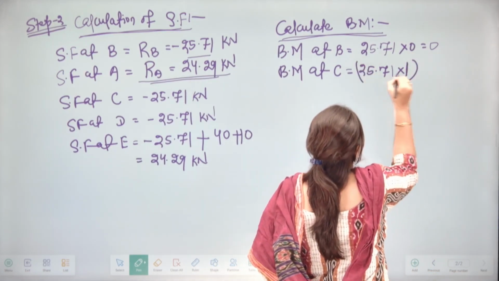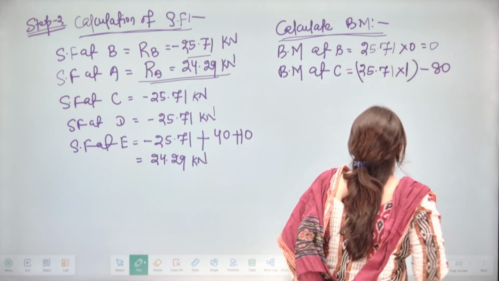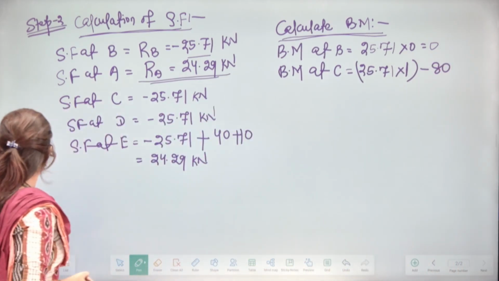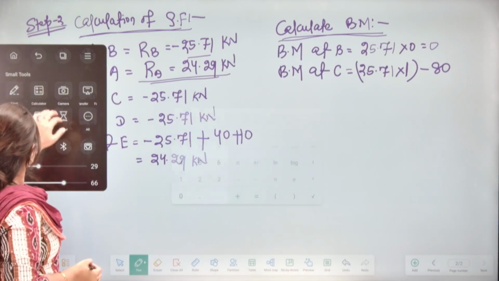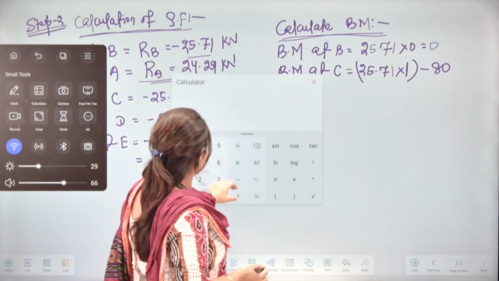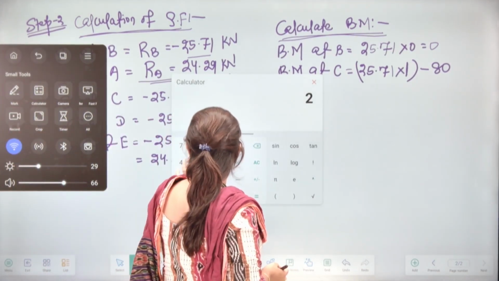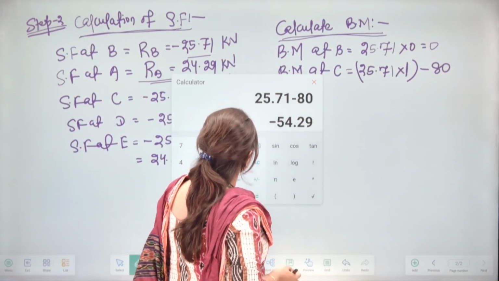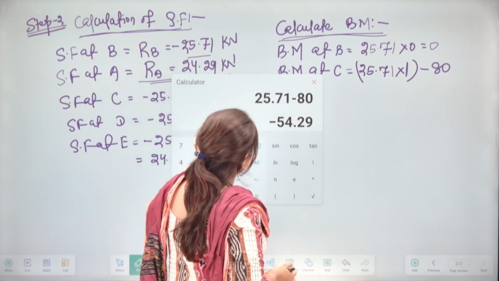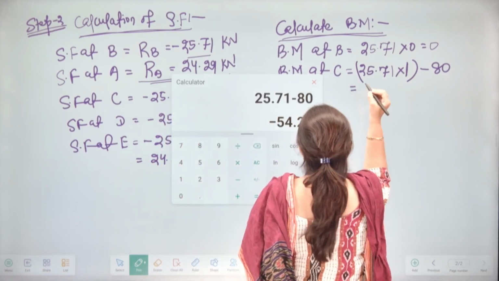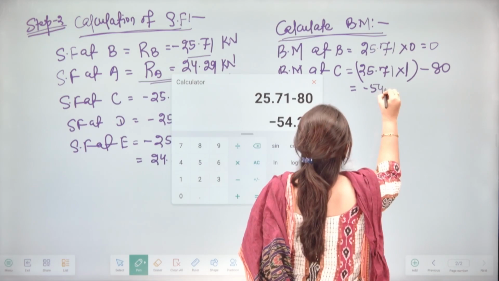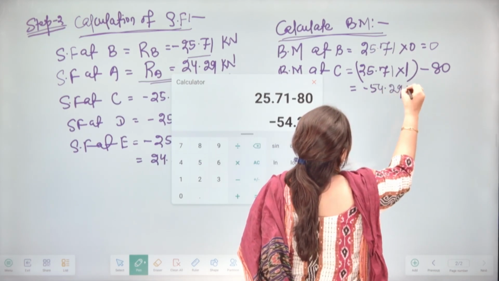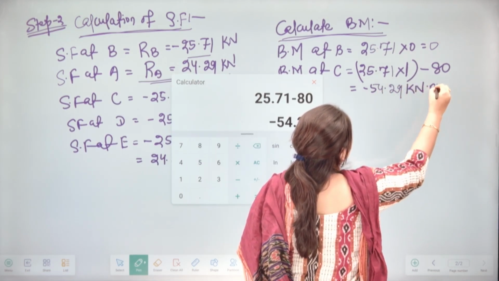So 25.71 into 1 minus 80, that is minus 54.29 kilonewton into meter.